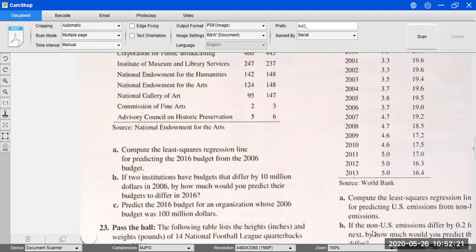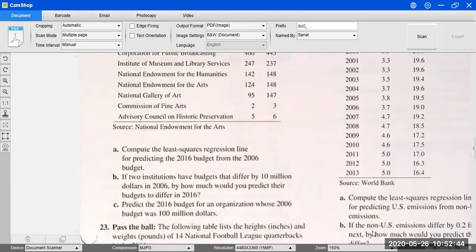And then part C is going to be the prediction of a budget in 2016 based on values in 2006. So you can solve easily part A and part C. Try to read carefully part B. If you don't get it, send me an email and I can help you solve that part.